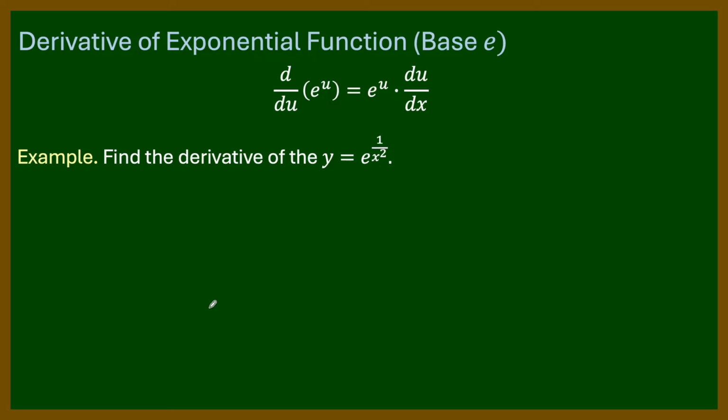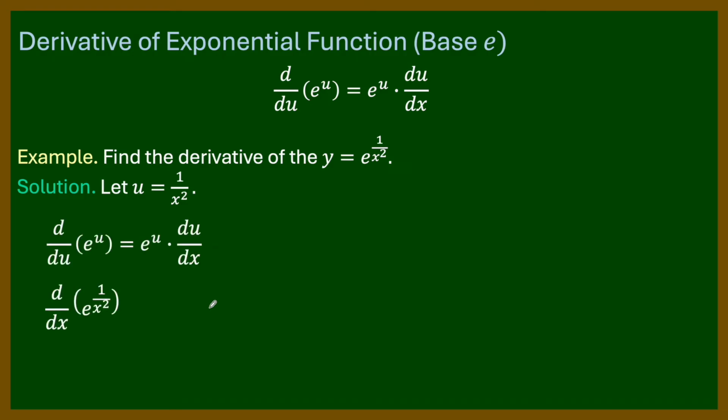Next example. Find the derivative of e to the 1 over x squared. Now, obviously, u is 1 over x squared. Then, copy e raised to 1 over x squared by the above formula. Then, multiply by the derivative of the exponent, which is 1 over x squared.